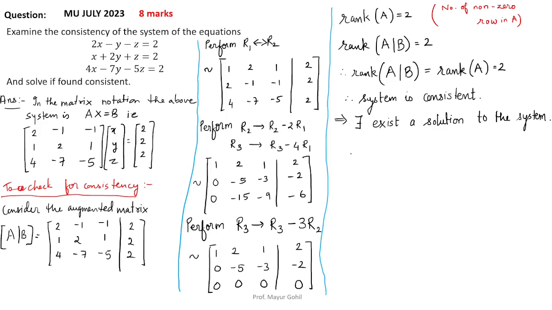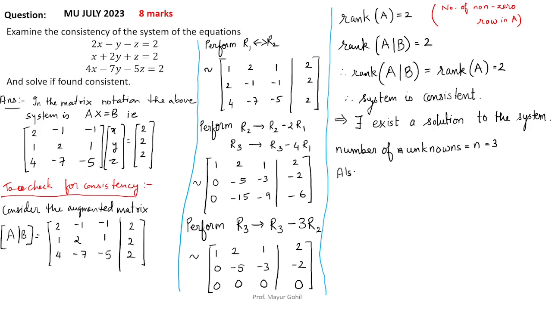We can see the unknowns are 3, right? So we also write down that information here, so that we see that the number of unknowns is n, which is equal to 3.